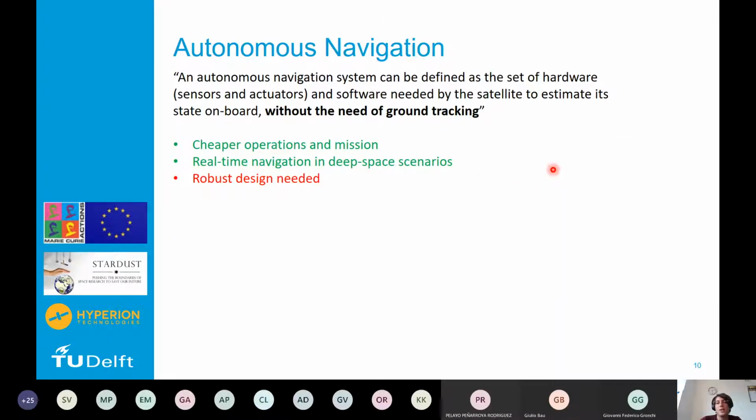What are the pros and cons of autonomous navigation in general? Of course, it allows cheaper operation and missions, since there is no need of ground tracking, so there is no need to pay people to work from the ground, basically. And it allows real-time navigation in deep space scenarios. But of course, the counterpart is that it needs a much more robust design.